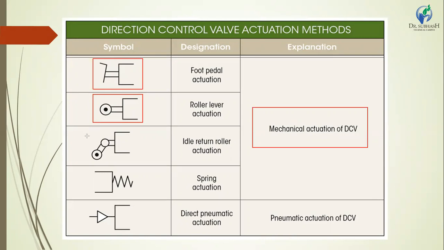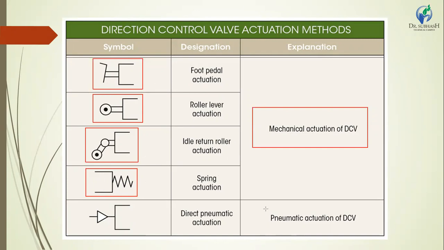The next is idle return roller actuation. This roller is connected to another shaft with a cam and it is operated by the cam. This is idle roller actuation. Then the next is spring actuation. This works based on a spring. One time you give the force manually and on the other side it returns with a spring force.